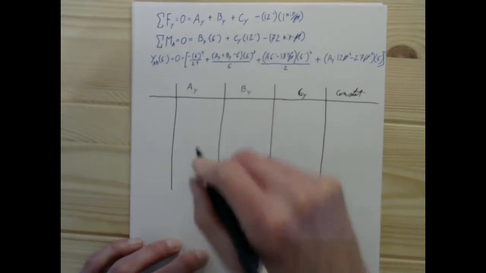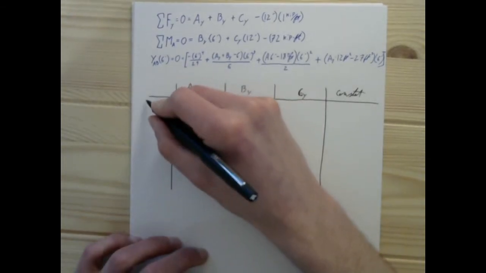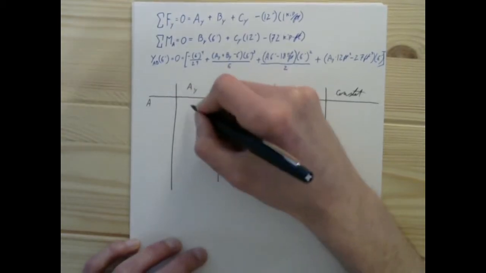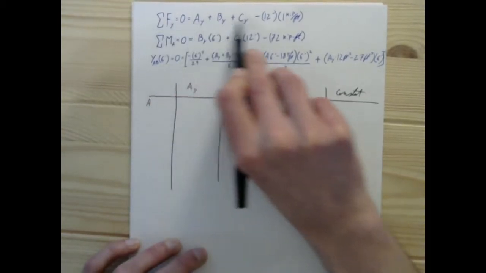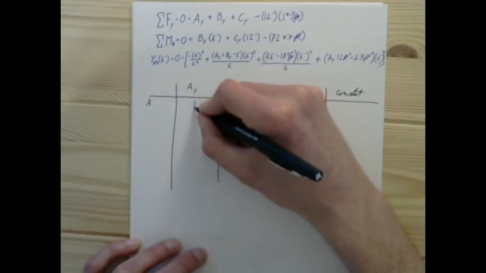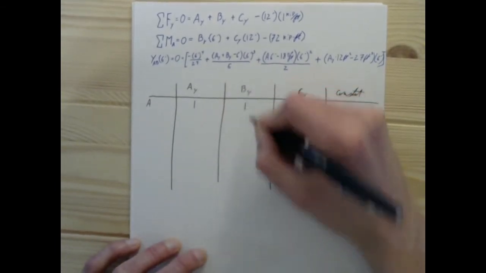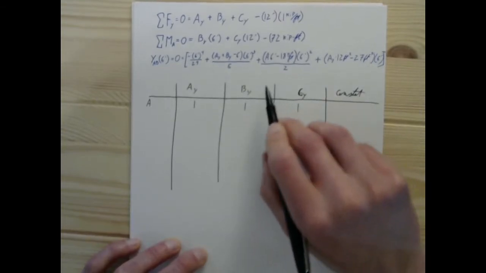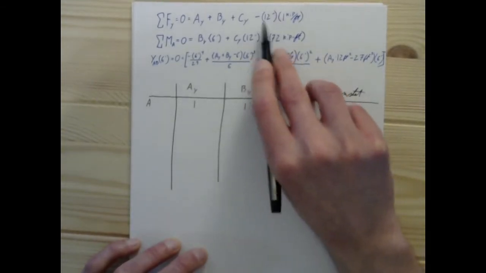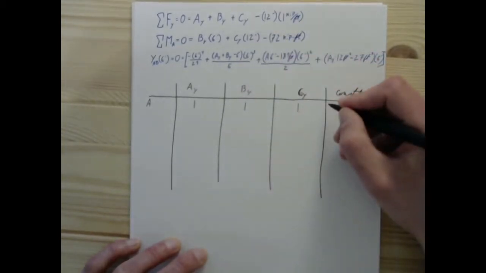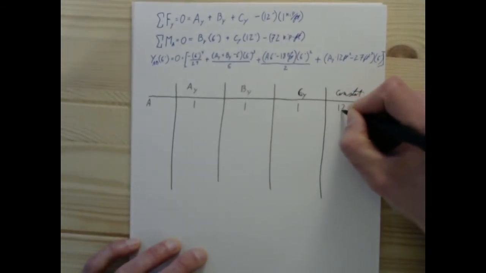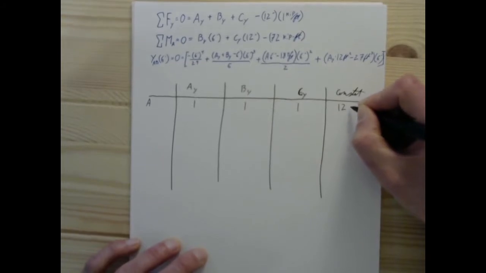For this first one, I'm going to name it A, and that's just going to be this first equation. So we've got 1 for AY, 1 for BY, 1 for CY, and then our constant is just going to be negative this term, which is already negative, so it's just going to be positive 12 kips.